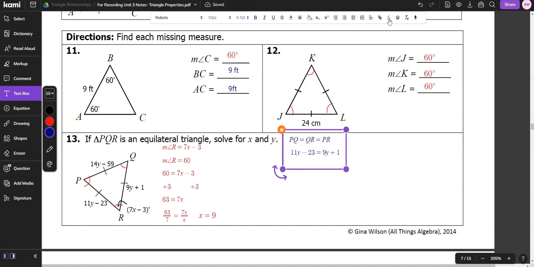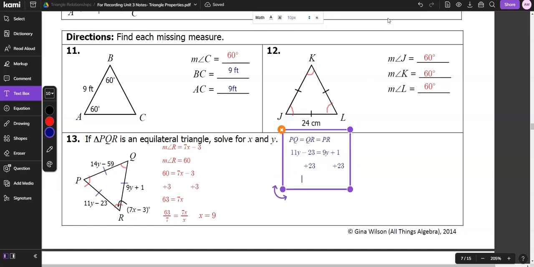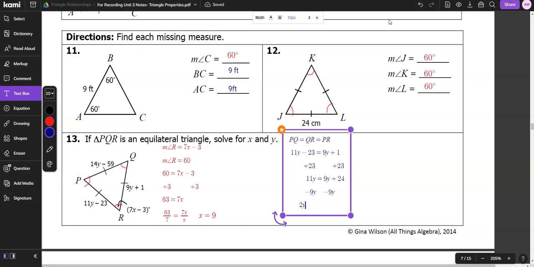plus 1. And the first thing I want to do is go ahead and add 23 to both sides, which will give me 11y equals 9y plus 24. I'm going to subtract 9y from both sides, and that's going to give me 2y equals 24.